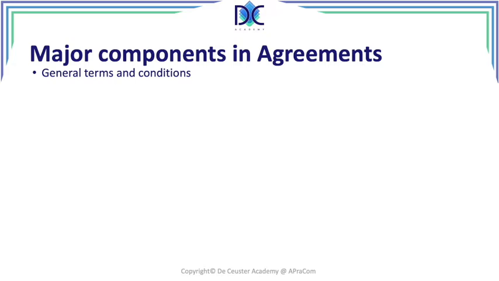What happens typically, if you want to have a change of those terms and conditions, you will have some additional, let's say, attachments or annexes to the general terms and conditions, which describe the differences, the special items for that agreement. Of course, they have to go through the legal department, and once they have been approved, together with the general terms and conditions, they become in fact the terms and conditions for this specific agreement.